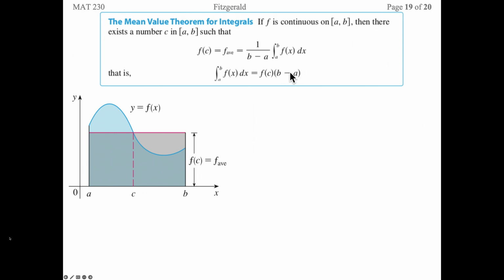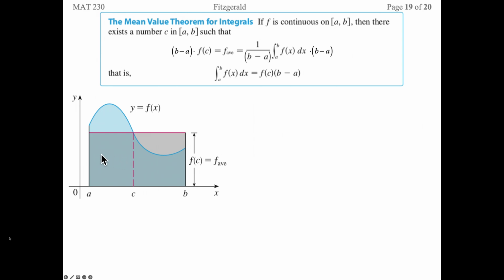So what that means is the following. There is some c value such that if you create a rectangle with f of c as the height, which is your average function value, and you build that rectangle's area, that area is the same as the area on that interval underneath that blue curve.